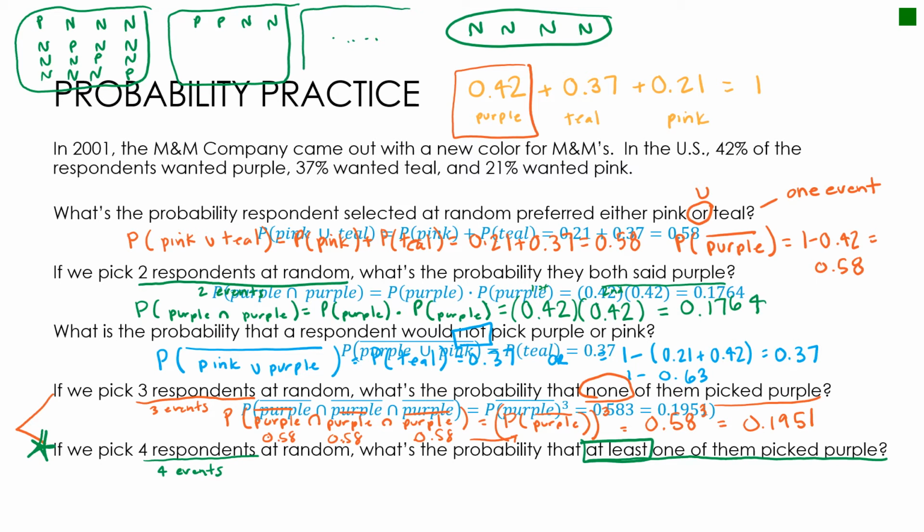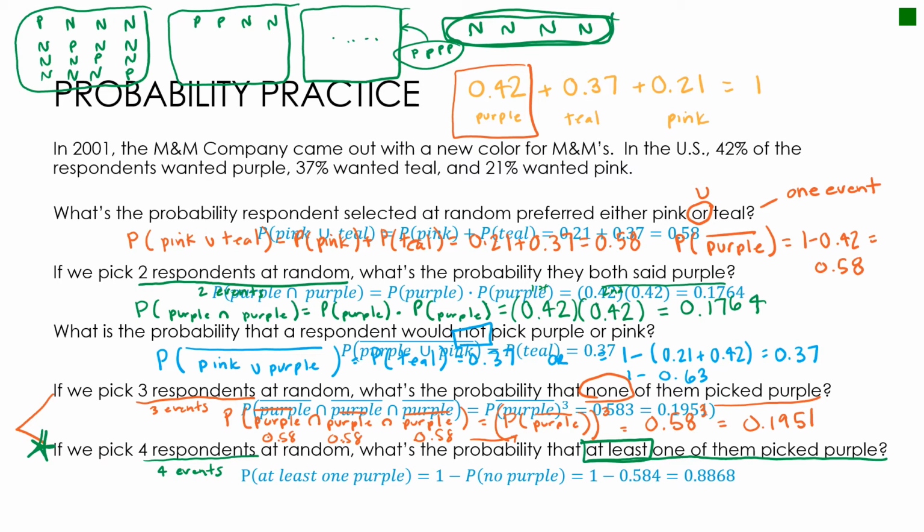And if I continued my list with 3s, someone did pick purple. And then I would have a line that was purple, purple, purple, purple, and that would all be in here as well. And the only other option is nobody did. And so what I want to do is take 1 minus the probability that nobody did, and that is going to give me the probability that at least 1.